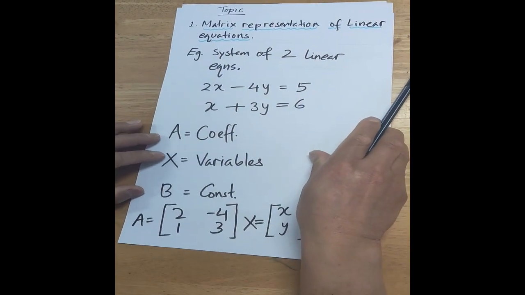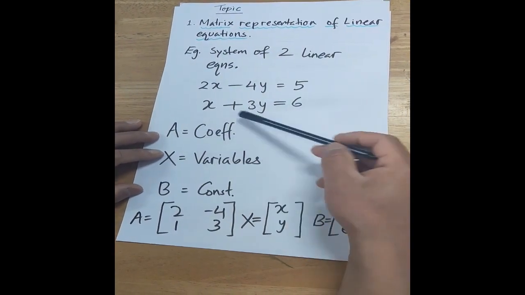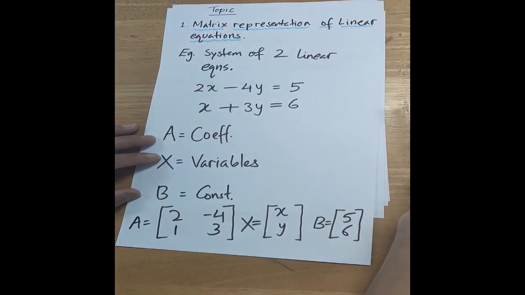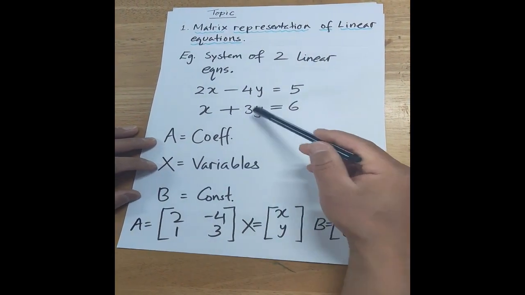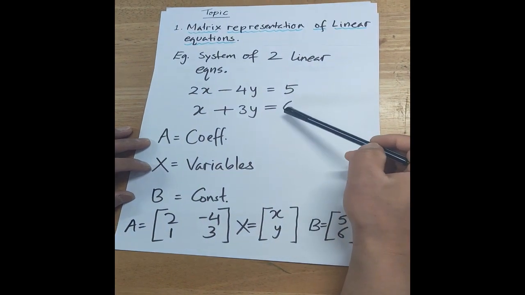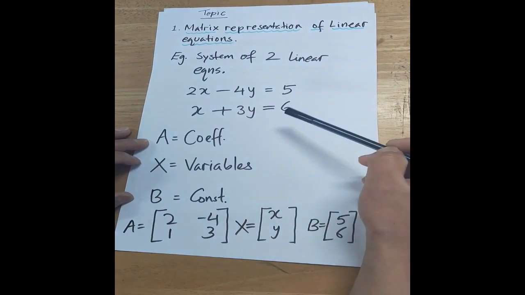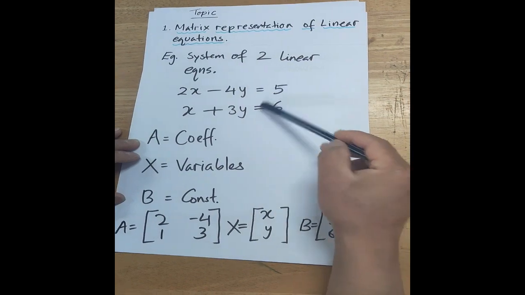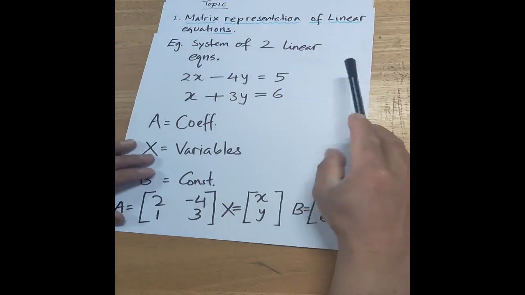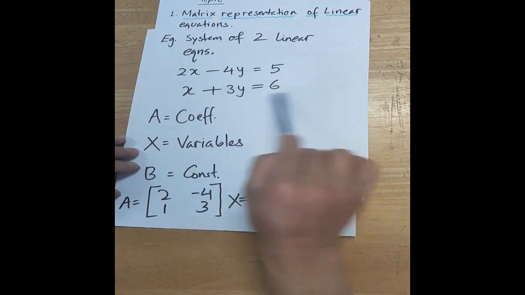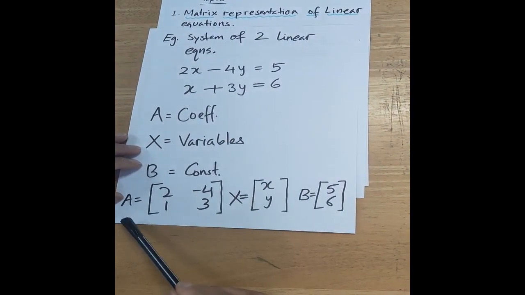The matrix A is made up of the coefficients of the linear equations, the variables x and y form the matrix X, and the constants are given by the matrix B. Therefore, we can represent this system of linear equations in the form of a matrix.